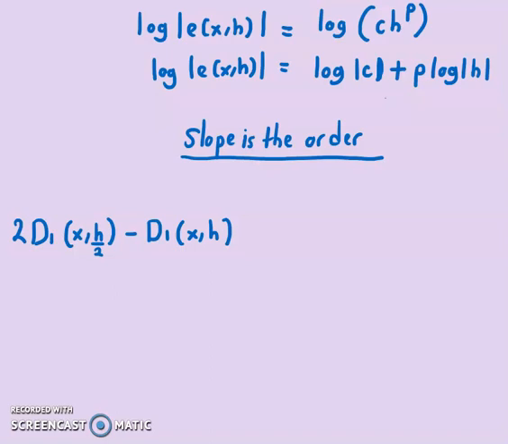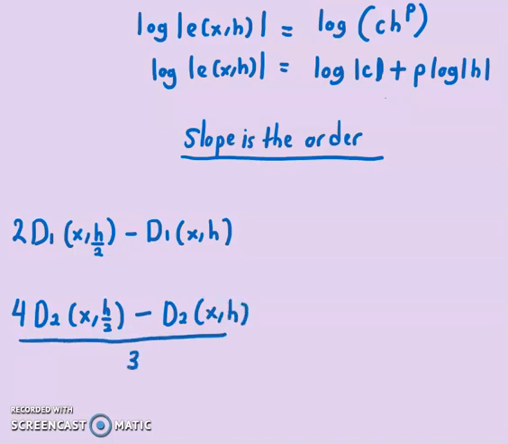Okay, this combination you can try by using an example. For D2 we have 4 D2(x,h/2) minus D2(x,h) divided by 3. Now where did these numbers come from? So this is what we want to see. Okay, today's topic, extrapolation.